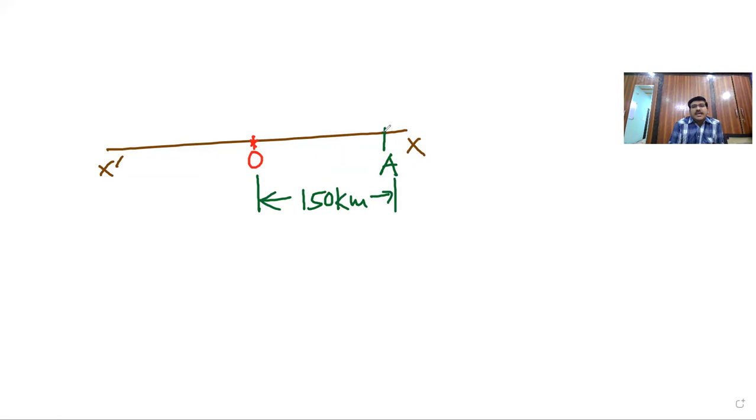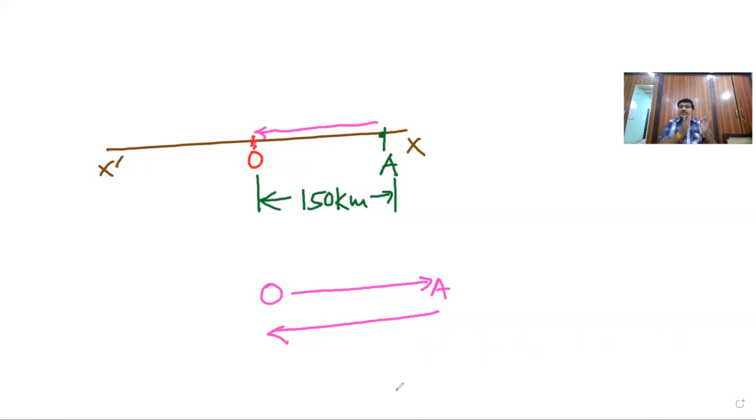Again, after reaching A, it is coming back up to O. That means first it has gone from O to A, again from A to O. It started the journey from O, reached A at 150 kilometers, and again from A came back 150 and reached O, the initial point.